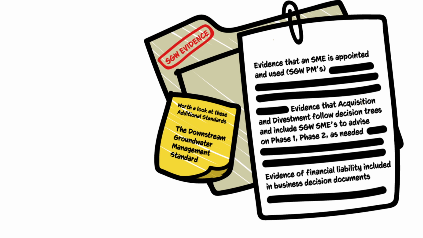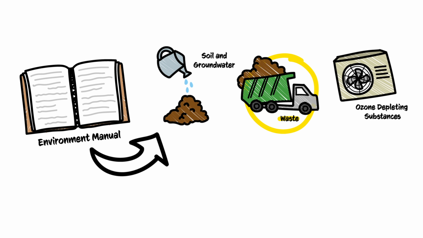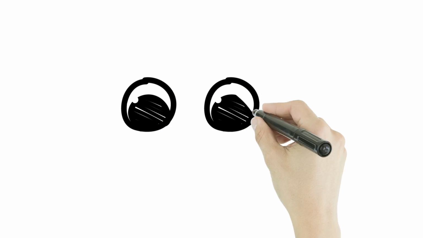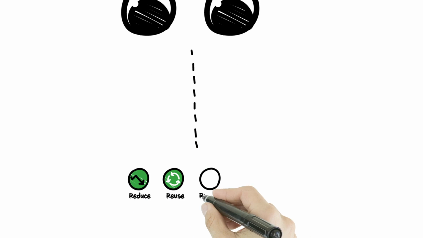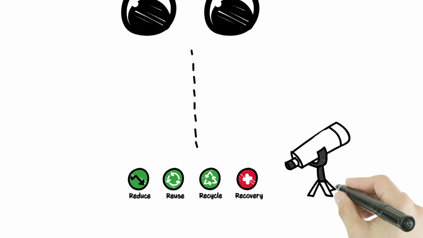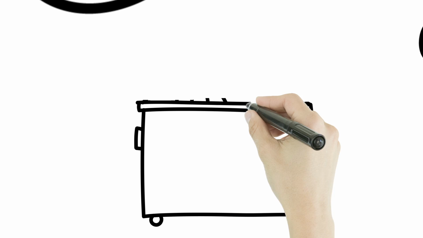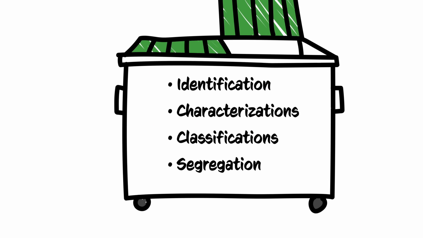The waste section of the Environment Manual is applicable to all company-owned or controlled waste from our sites and activities. We must identify opportunities to reduce, reuse, recycle, and recover in our activities. We are required to monitor waste activities through identification, characterization, classification, and segregation.